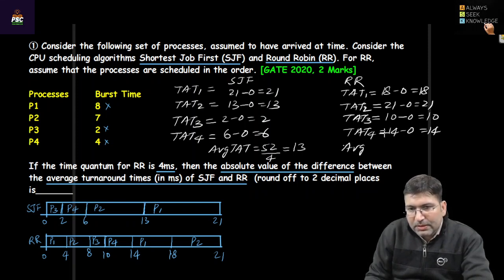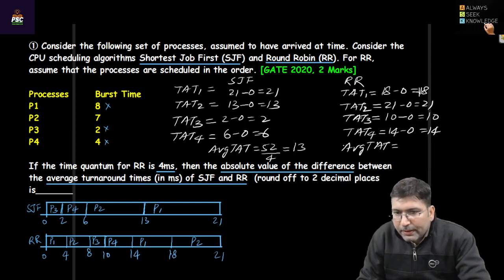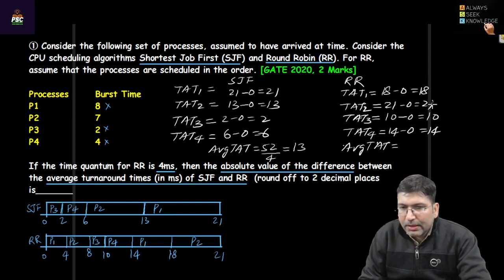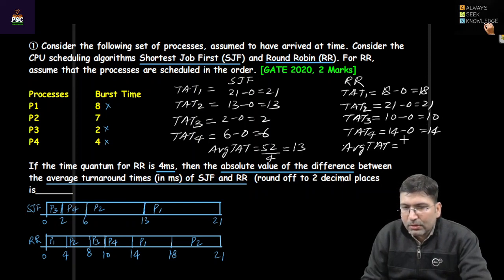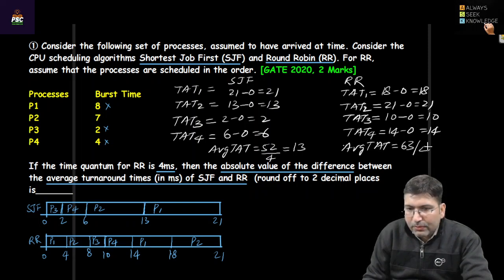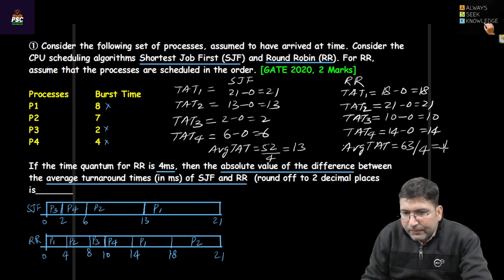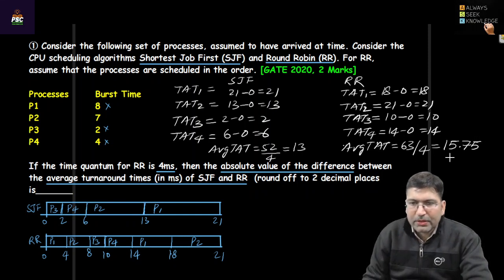So the average turnaround time in this case for RR, you add all of these: 18 plus 21, 39, plus 10, 49, plus 14, 63, divided by 4. So you will get 15.75.